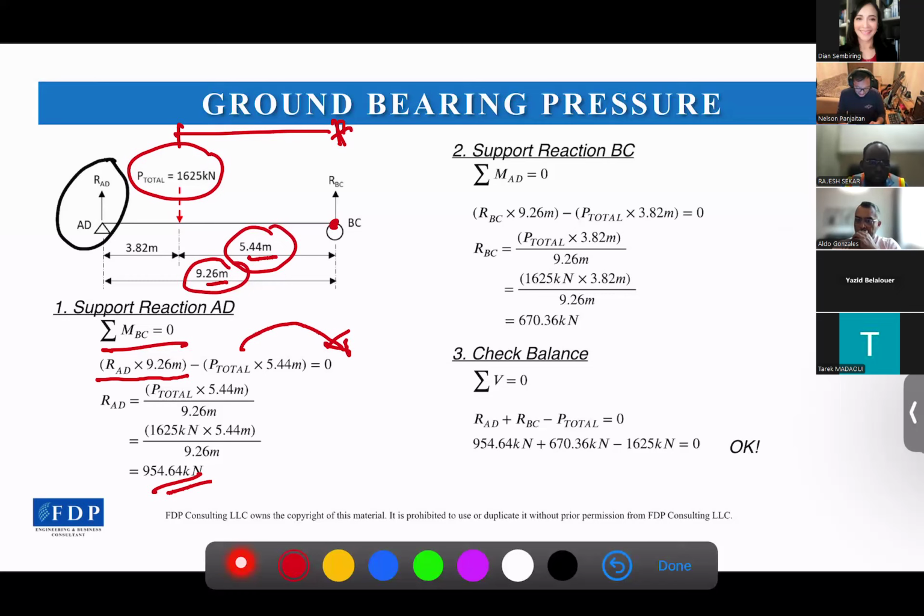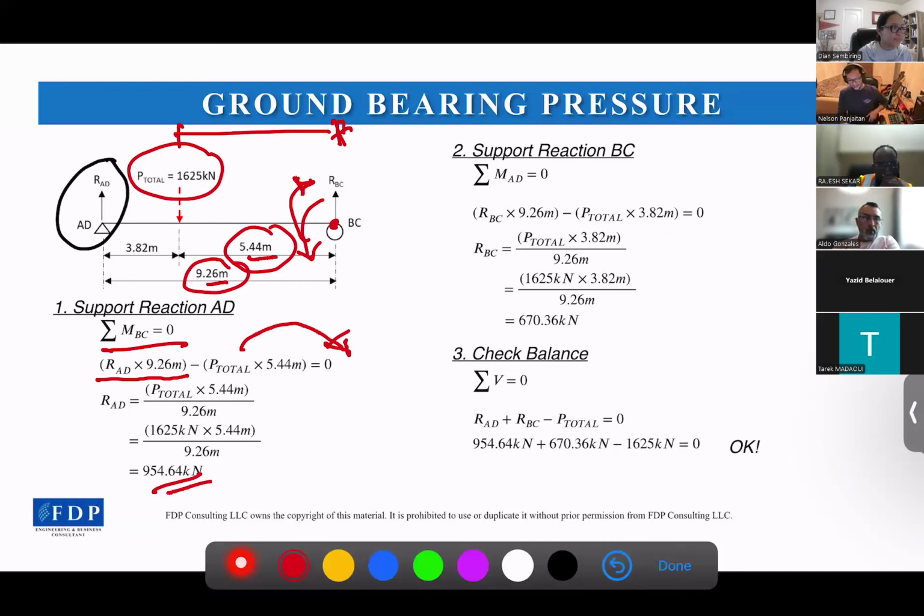But in terms of moment, the rotation, RAD will be like this, correct? The rotation. Okay, yes, BC is the reference. Yes, correct. So if P total goes to BC, it goes the other way. Yes, exactly, correct, good. Thank you, Nelson. So there you go.